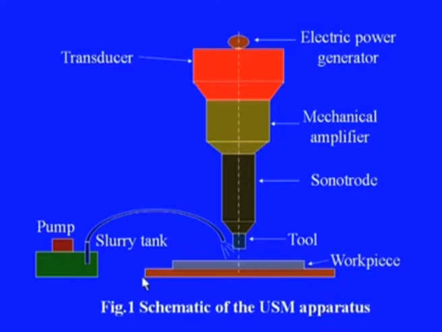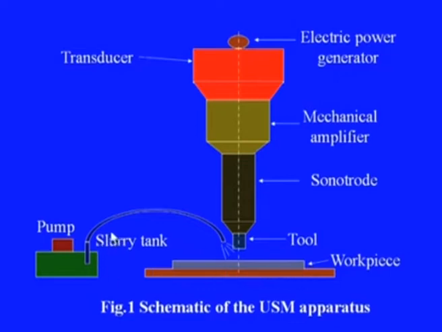This work table will generally be an integral part of this machine setup, and in some cases this work table can be made computer numerical control as well, so that we can have a better control on the movement of this workpiece.